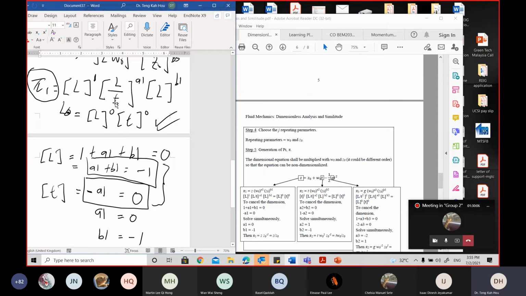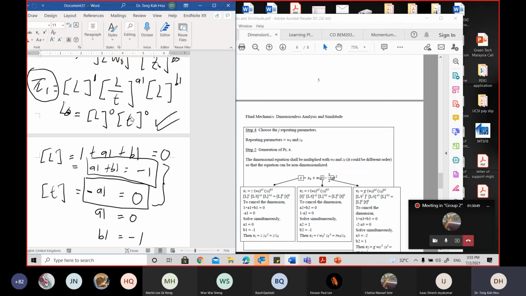Yes. So as I mentioned, we want to make your equations dimensionless. That means no dimensions. That's why I need to equate this unknown equation to L0 and T0. When you don't have dimension, all these things become dimensionless, am I right? So how do I make this dimensionless? I got L power of 1, L power of A1, L power of B1 equal to L power of 0.